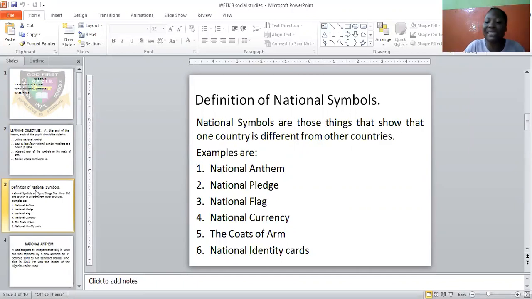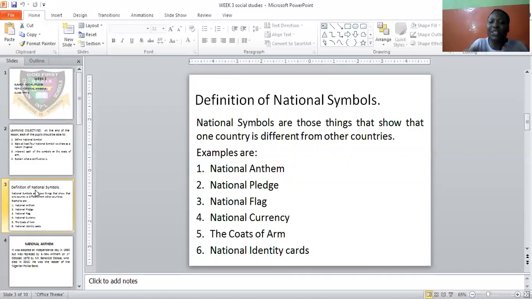National symbols are those things that show that one country is different from other countries. One group of people from the same nation, sharing the same sense of oneness and the same sense of national identity, are different from other countries.